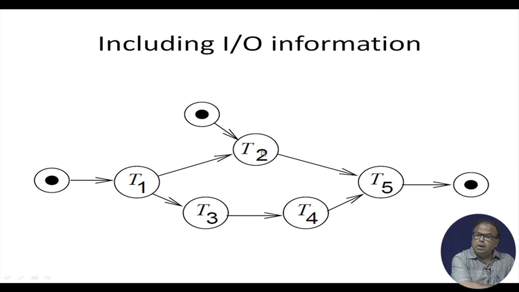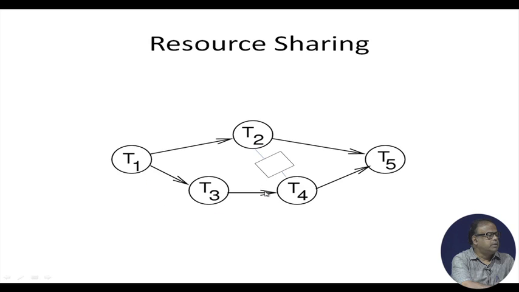So, T2 now needs 2 things: one is the completion of T1 or some data to come from T1, and the arrival of input data. When both of them are there, T2 can start, and like that in T5, when it completes, it will send some output data. So, we can show some IO information here also. We can also designate some resource sharing, like some particular resource will be shared between 2 tasks, T2 and T4.